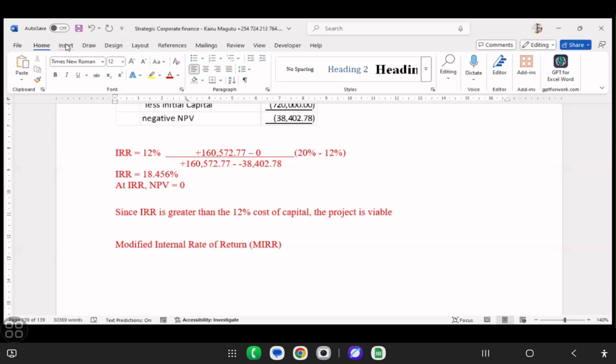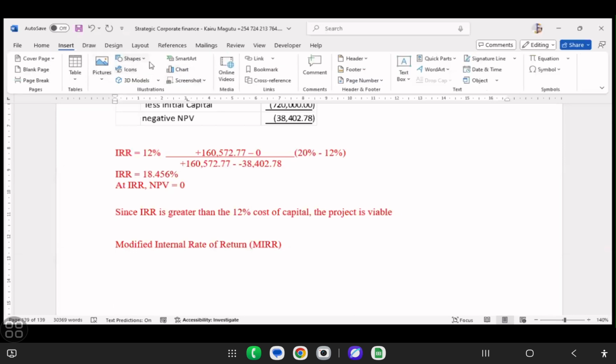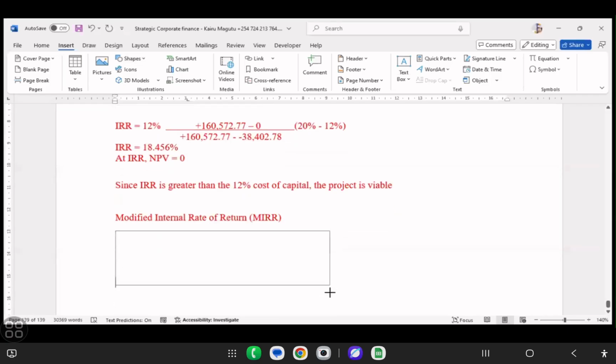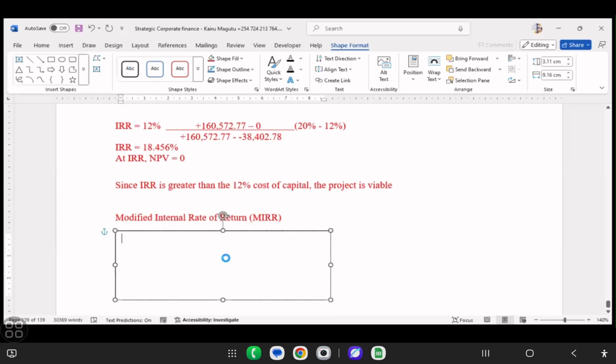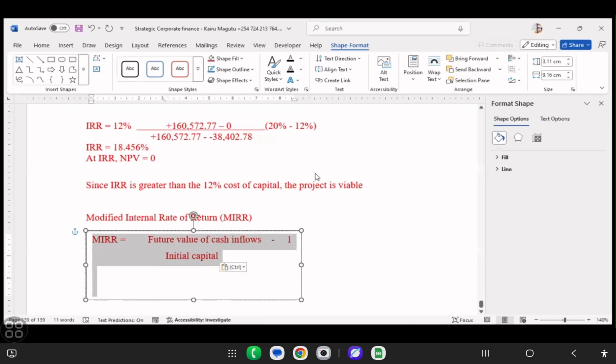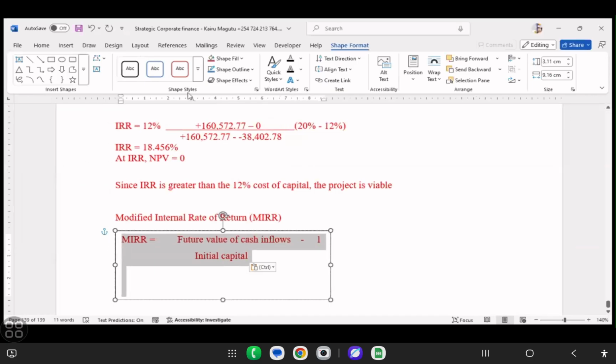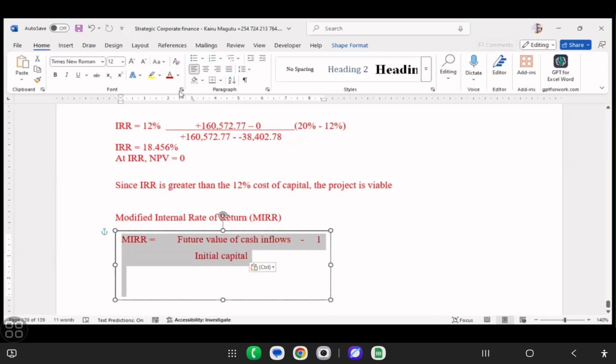Let me put it in a tabular format, in a table that way. Good that way. I will do the nth root.